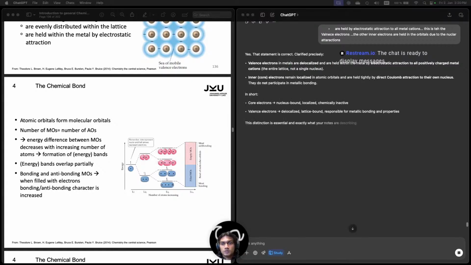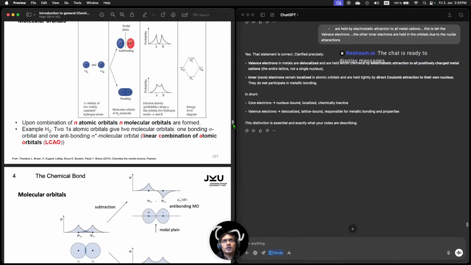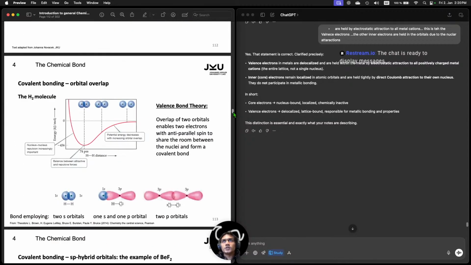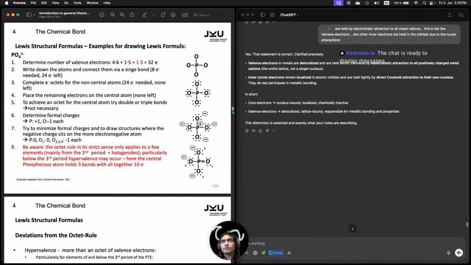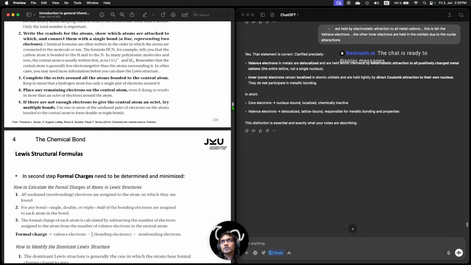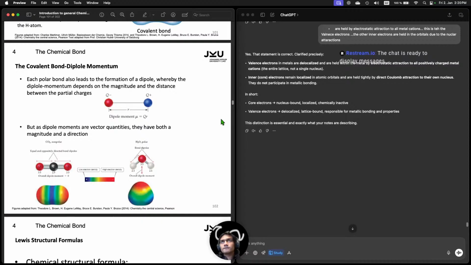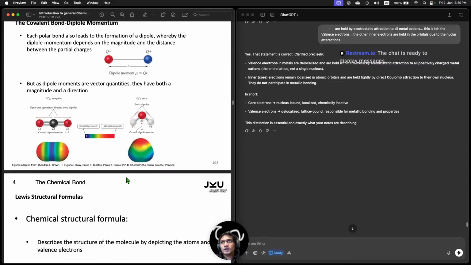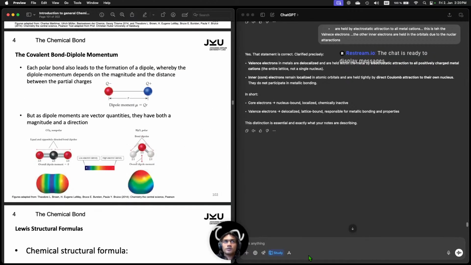Clarify. Valence electrons in metals are delocalized and are held by the metal by electrostatic attraction to all the positively charged ions. I think somewhere I saw this, with polarized covalent bonds, dipole moment.